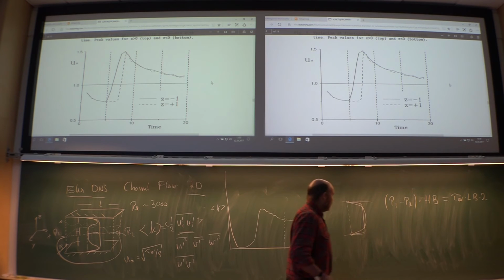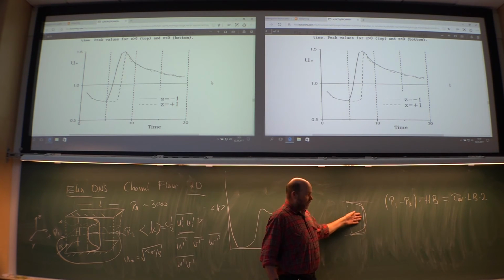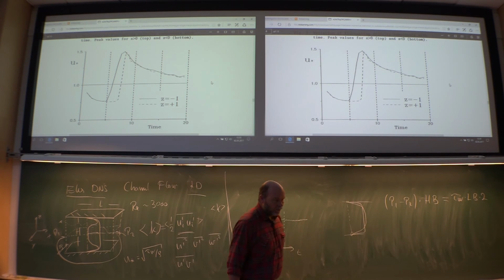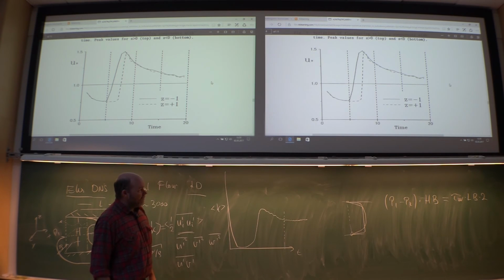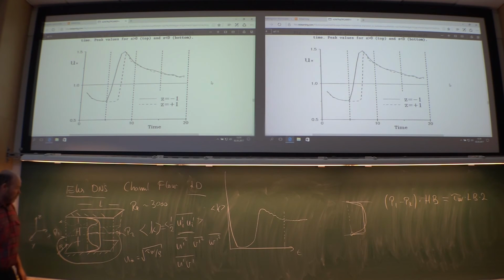What you don't know is how big the average velocity is going to be. That's unknown. But since the sum of forces equals 0, you don't have any mean acceleration in this problem. It's a steady state problem. So the sum of forces has to be zero, and the wall shear stress should be equal to 1 on both sides.